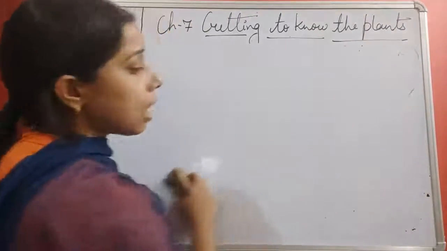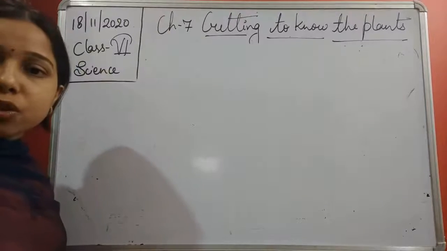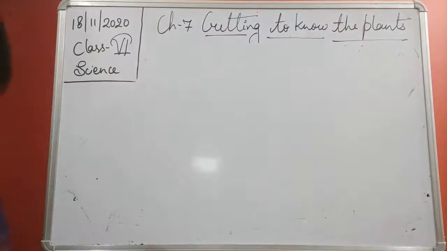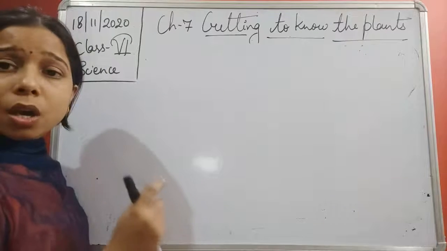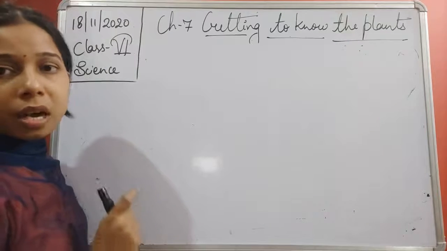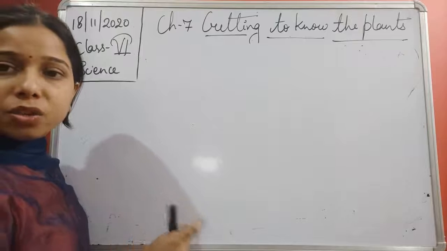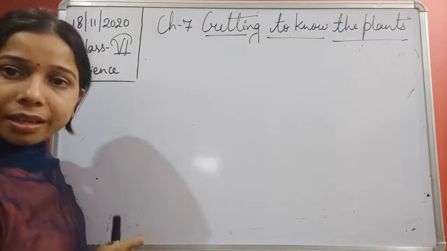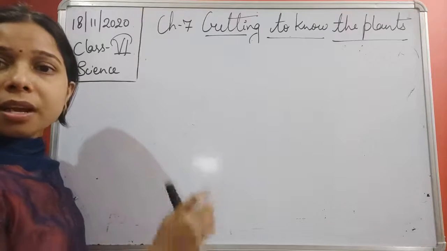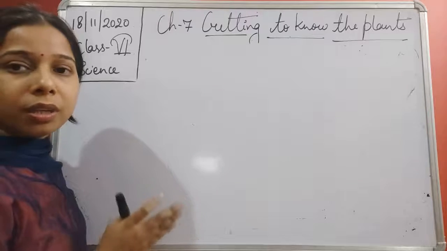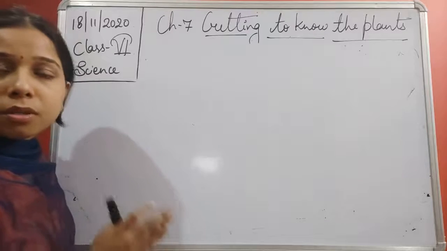Whenever the question is asked to write the relationship between them, you will always write that if taproot is there, it shows reticulate venation. If parallel venation is showing, it means it is having the fibrous root.